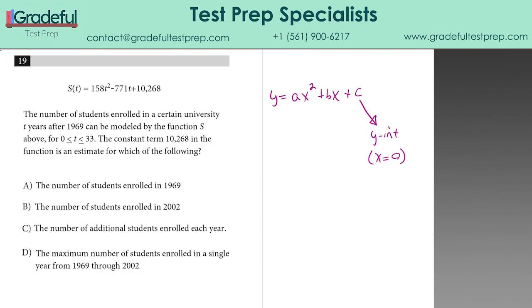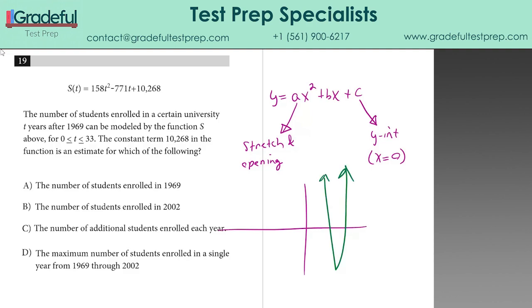The A coefficient is your vertical stretch and also your opening direction. The vertical stretch is a little less common in terms of how much the SAT asks about it, but you do need to know that something with a big A coefficient is going to look more like this, and something with a smaller A coefficient is going to look more like this.